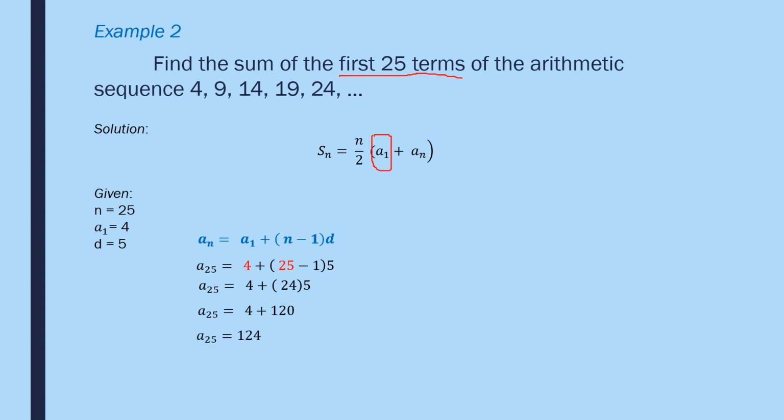You will get now the last term for this sequence, a sub 25, that is equal to 124. Since we have already the last term, we have now our a sub n. Can we use the formula now for the sum? Of course, yes. So let's proceed now to the sum.